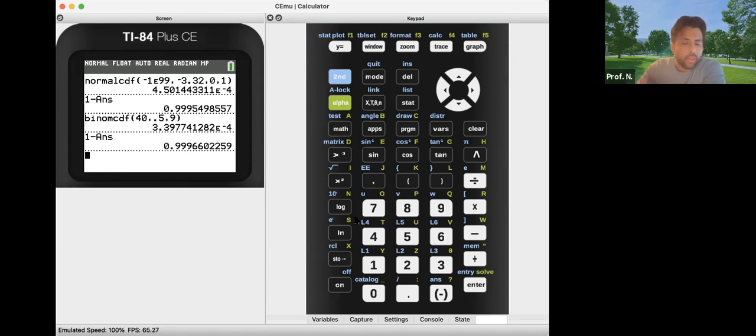But the normal distribution is quite good. It's a pretty good approximation. The first 3 decimal points are the same. So that's the idea. We can use the normal distribution to approximate binomial distributions. Any questions about that? Does everybody see why it's useful to use a normal distribution to approximate?